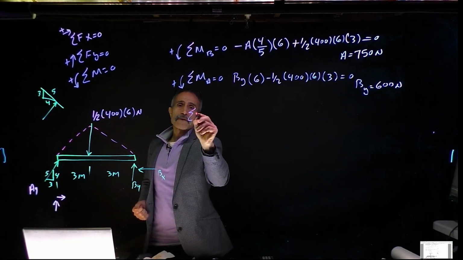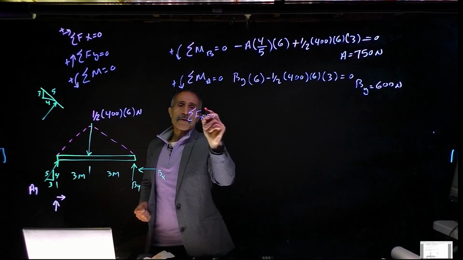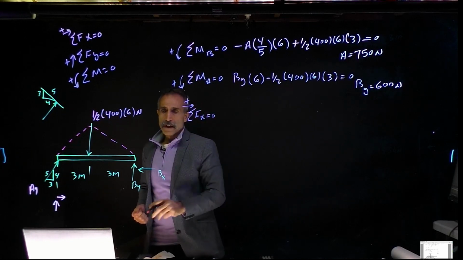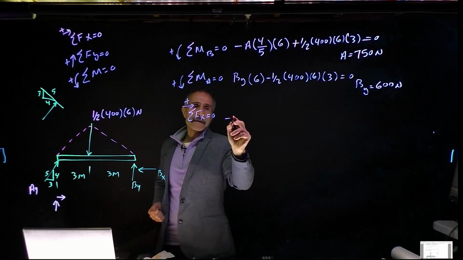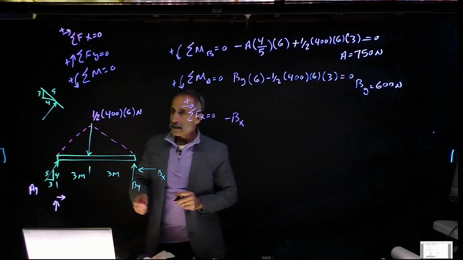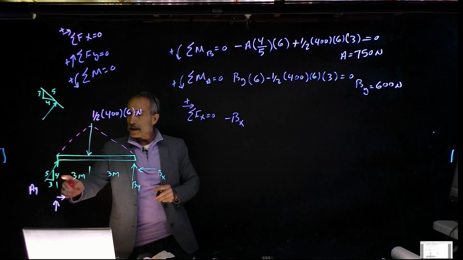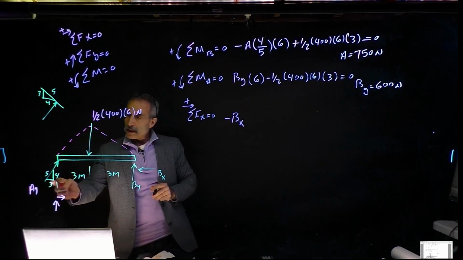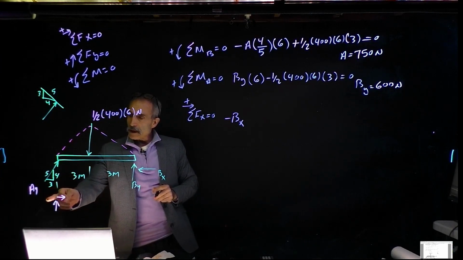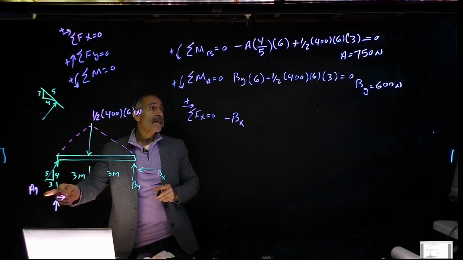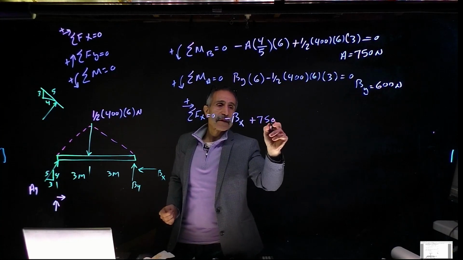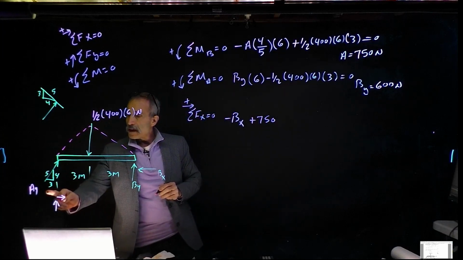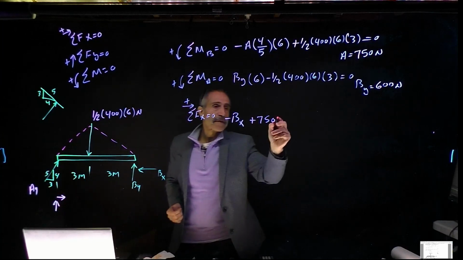All right, now I want to find out what B x is. So the summation of F x is equal to 0, with right positive. I assume this was going in the opposite direction here, so it's minus B x. There's nothing until I come in here, and this one is going the other way. The x component of this is A, which was 750, so plus 750 times 3 divided by 5.